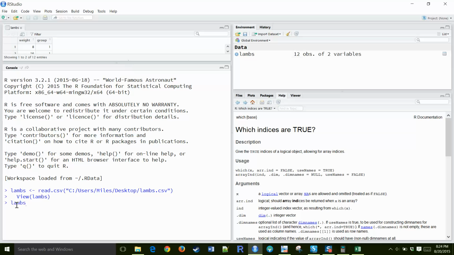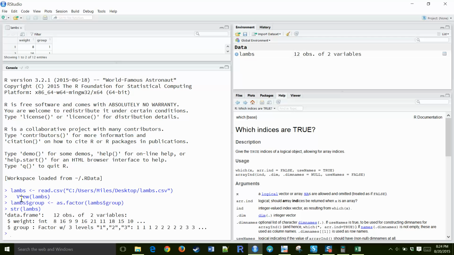All right, and so to do ANOVA, it's very simple. I just say aov, and I'm going to store this as model: lambs$weight tilde, as explained by lambs$group.